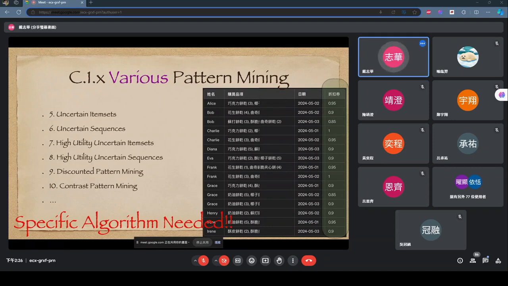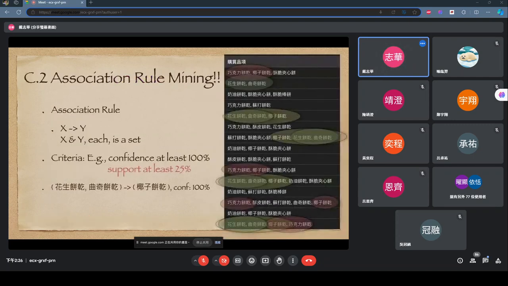And usually, pattern mining is the basic, or we say the first step, of association rule. What is association rule? Association rule is that if a group of people who have the behavior X with a very high confidence will also have the Y behavior. That means X and Y have high correlation.